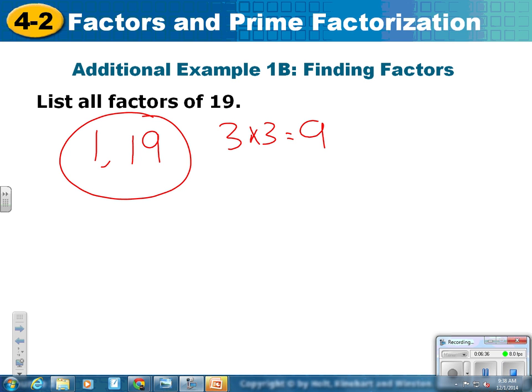No, 15 is not prime, because we can multiply 5 and 3. So we've got 17 as the next one. That's prime. 19 is prime. 21? No. 23? Okay. So we could keep going, but I don't really want to.